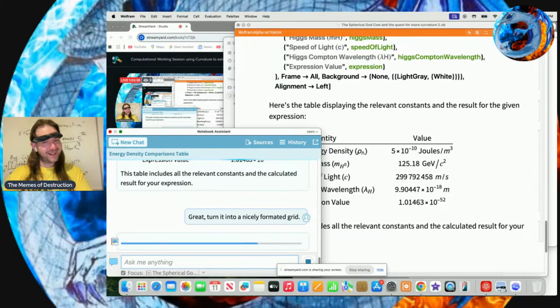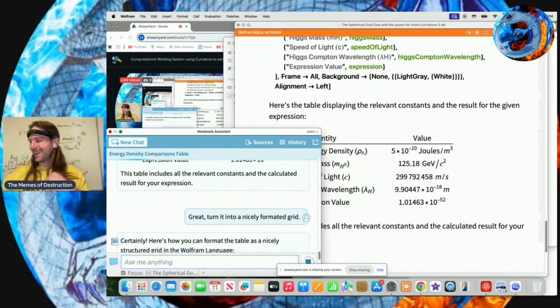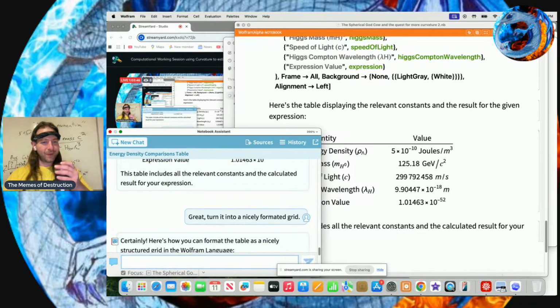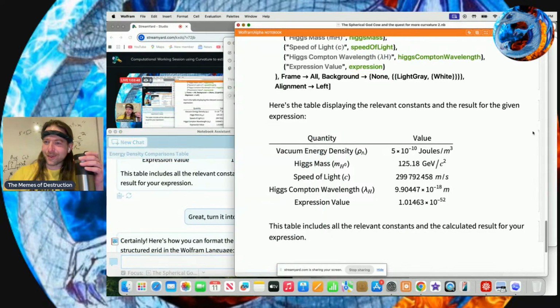Let's see. Will it be able to maintain coherence? What is going on? All right, here's the format. I should actually, it probably has some code right here. I'm just not looking at it. Does it? No, it should have it. Oh.